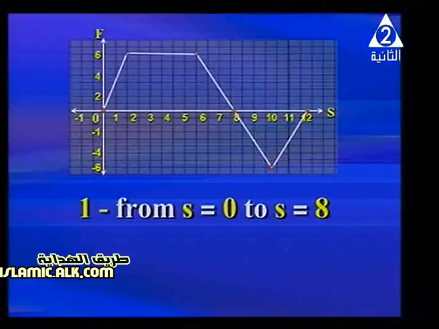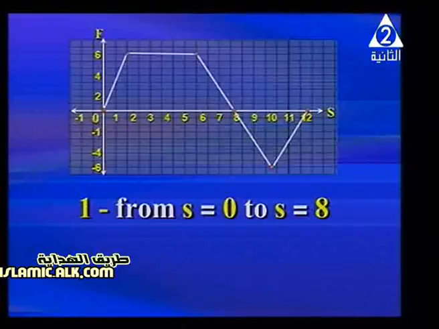This figure above the s axis represents the area of a trapezium. What do we mean by the area of a trapezium? It is the sum of two bases times height over 2, or (base 1 plus base 2) over 2 times height.